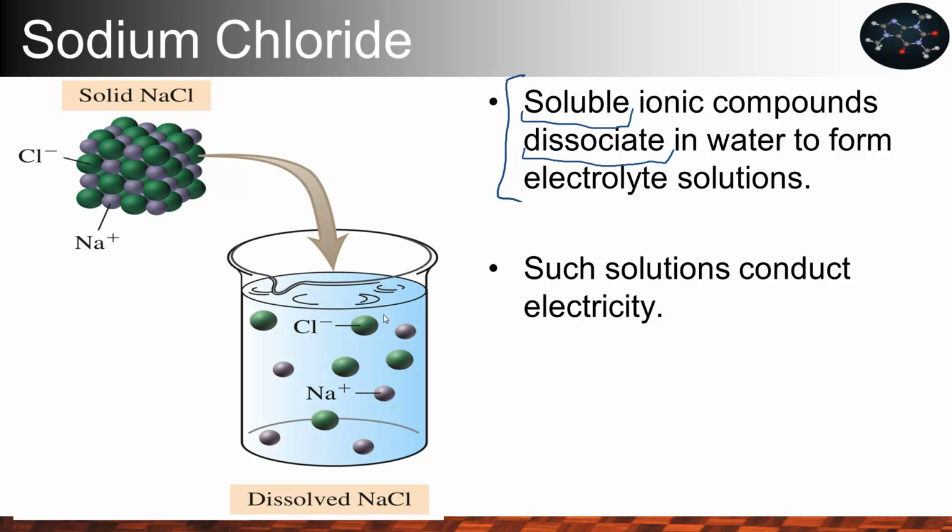But in any case, those water molecules will surround the ions, and the slightly negative and slightly positive parts of those water molecules will help allow the sodium and the chloride ions, or the positive and the negative ions, to drift apart from each other and still be stable. And so when you have ions like this dissolved and dissociated inside water, broken back apart again, we refer to these as electrolyte solutions, and the reason we refer to those that way is because they conduct electricity.